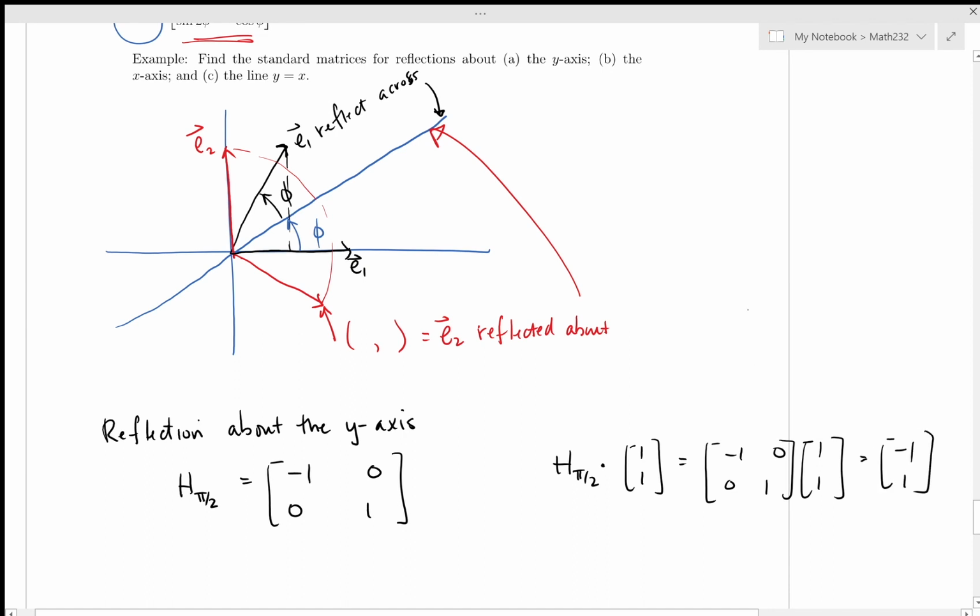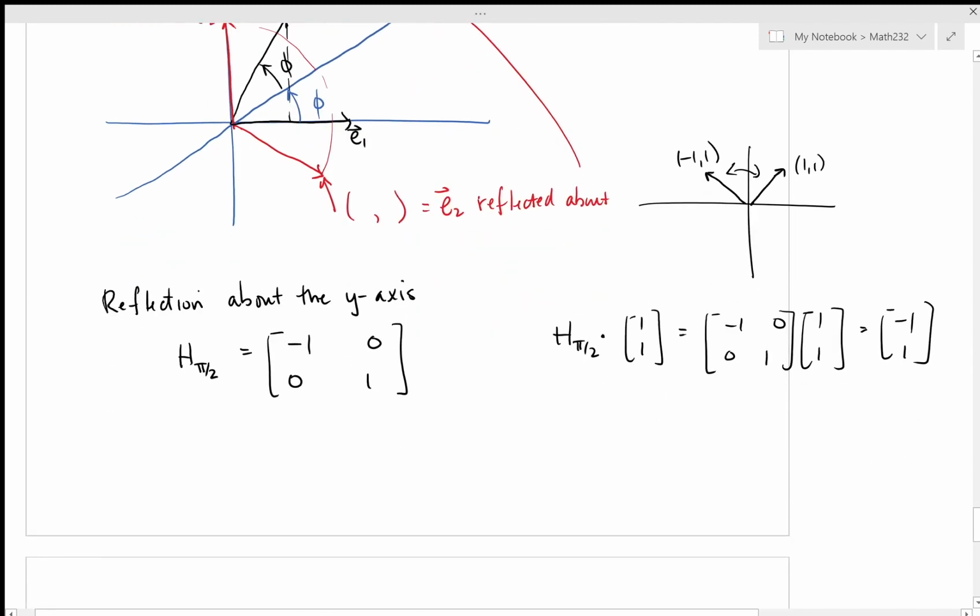What does that look like? Let's see. We started with 1, 1 right here. And then we ended up with minus 1, 1, which is right here. Okay, so it reflected it about the y-axis. We reflected across here, reflected about the y-axis.